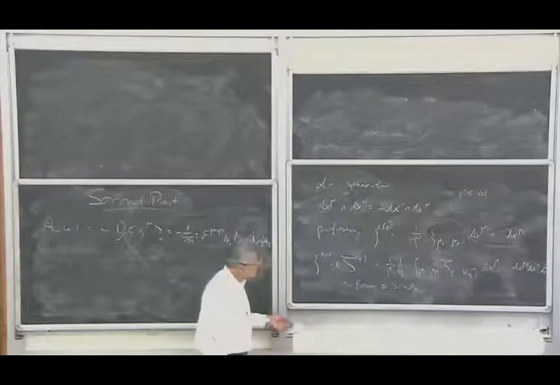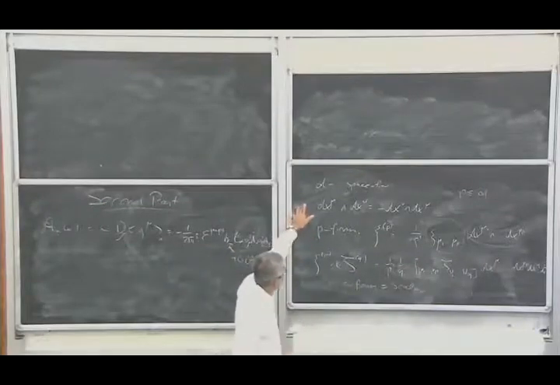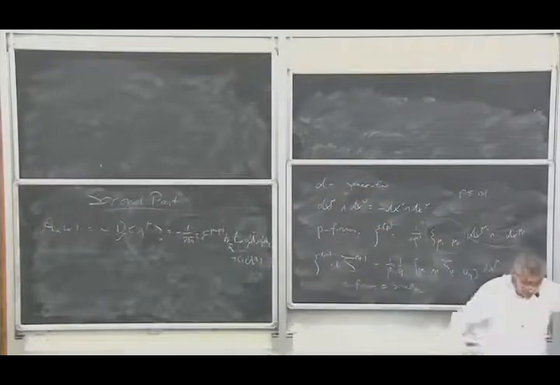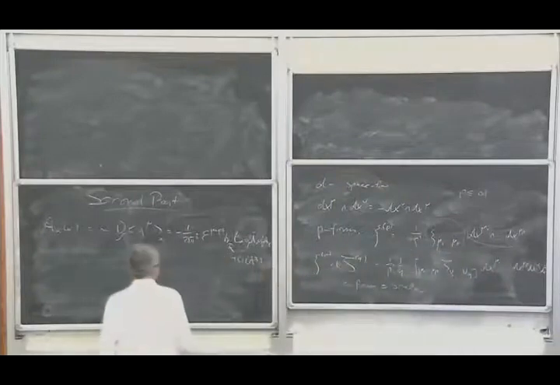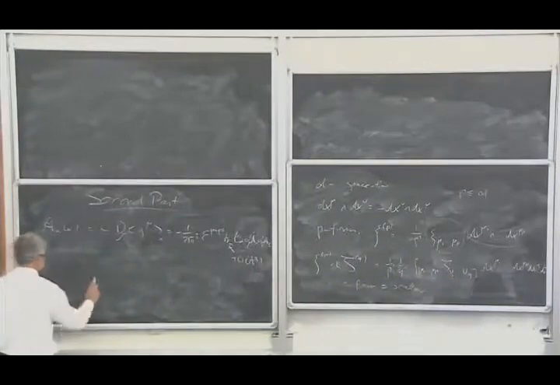Now, in general, we will not just be interested in flat d-dimensional Minkowski spacetime, but in some arbitrary curved manifold. And on an arbitrary curved manifold, we usually need to introduce several coordinate patches.